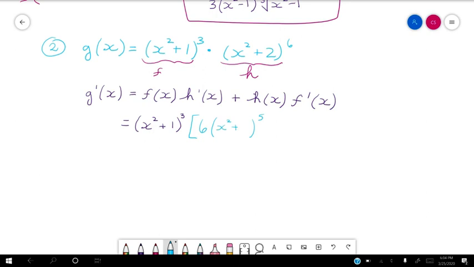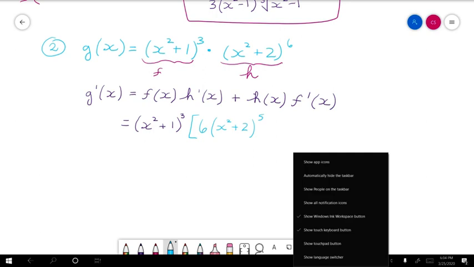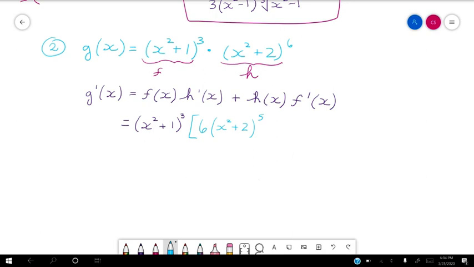Inside function stays the same. And then we take the derivative of our inside function, which is going to be 2x. Okay, so that takes care of this part. Now let's keep going. And then we're going to add h of x.